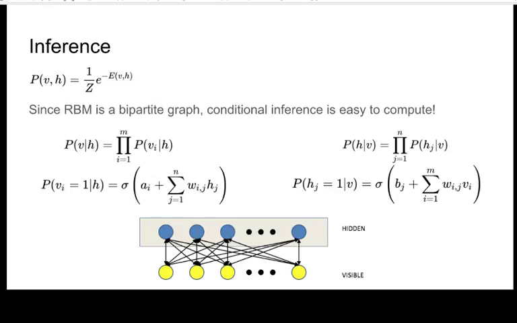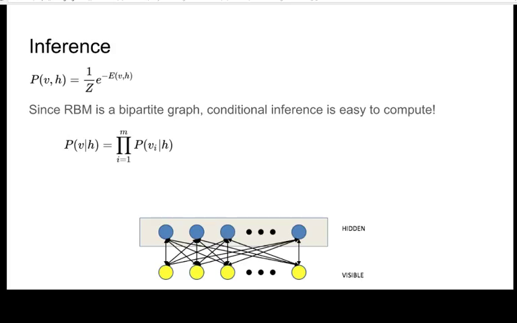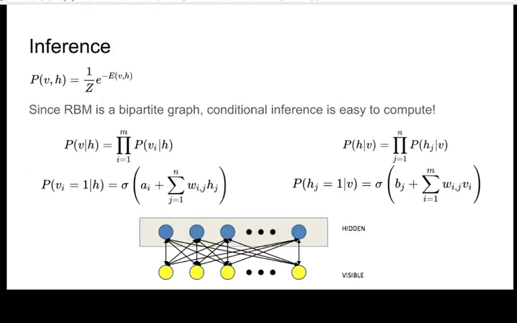It's pretty straightforward. Hugo Larochelle teaches this course somewhere, and he goes through the derivations, where I think he actually does not make independence assumptions at the beginning, and then just assuming the form of energy that we had here, he's able to get to this.